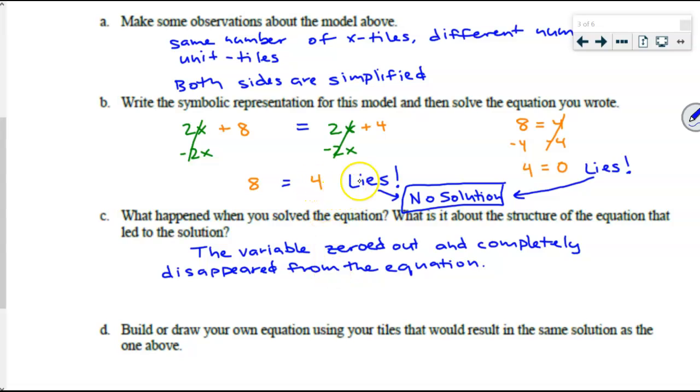In our second situation, we're left with an obviously false statement. When we see that obviously false statement, and that's all that we have left is something that we know for sure is a lie, that's when we interpret that to mean no solution.